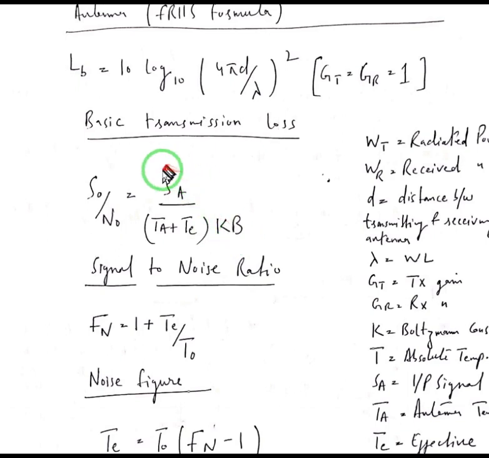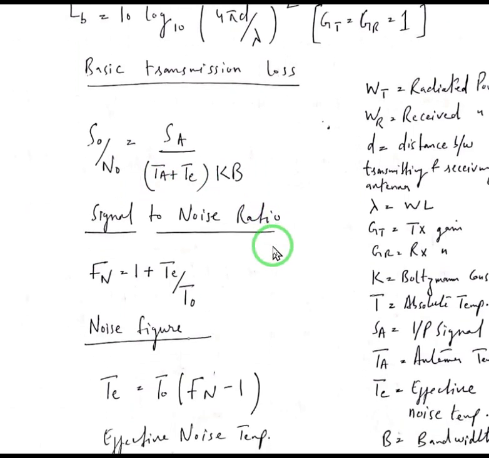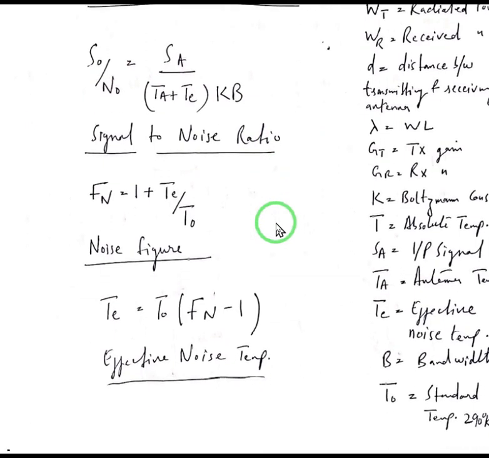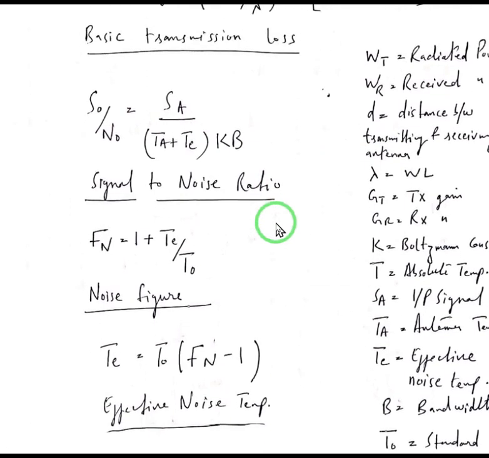SA is the input signal, TA is the antenna temperature, TE is the effective noise temperature, and in KB, K is the Boltzmann constant and B is the bandwidth. That defines the signal to noise ratio at standard temperature, that is 290 degrees Kelvin.